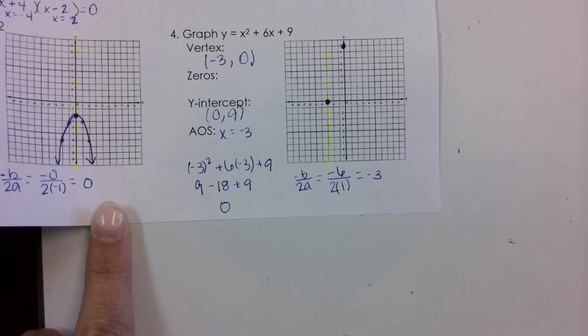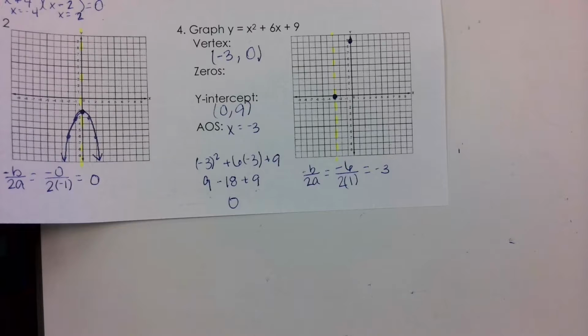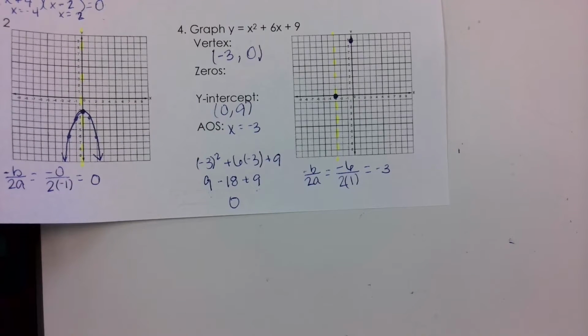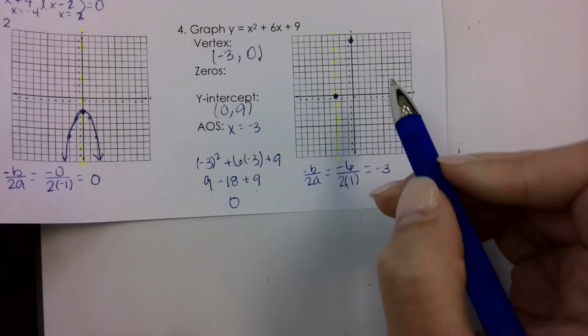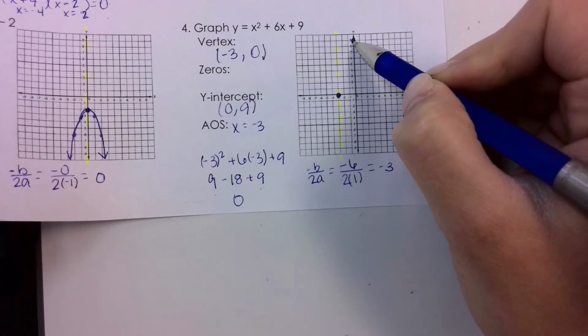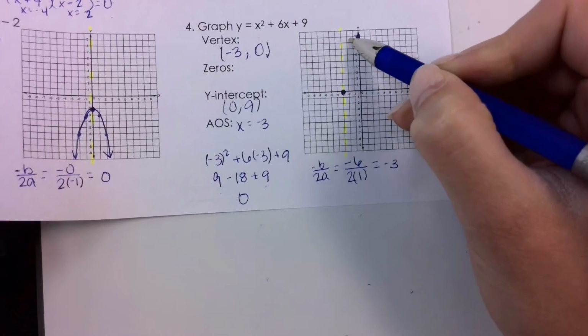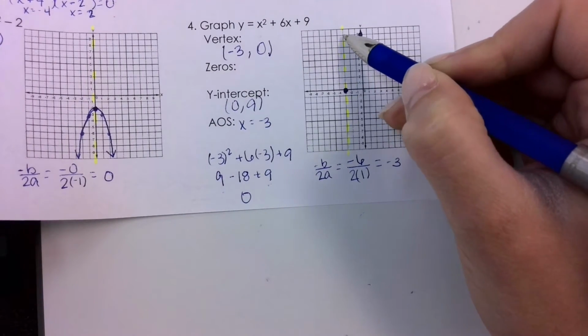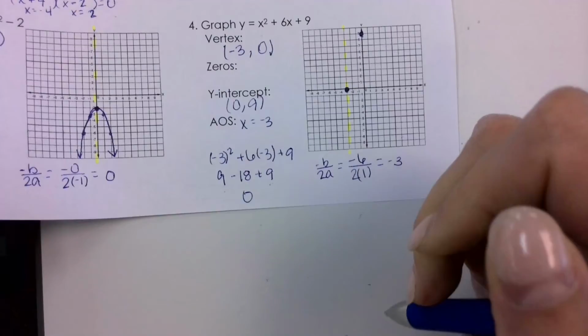All right, let's get some more points for this. We'll put it in our graph and see what else we can get. Can you plot another point right now? We had 0, 9 on this side of our axis of symmetry. Could we count it over to the other side as well?